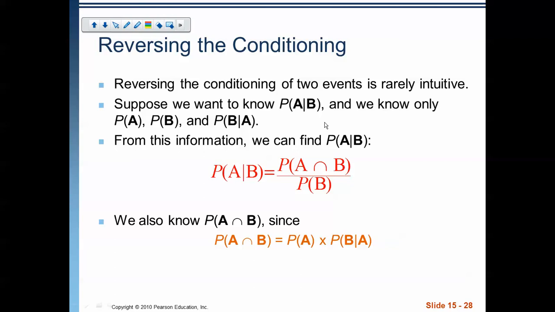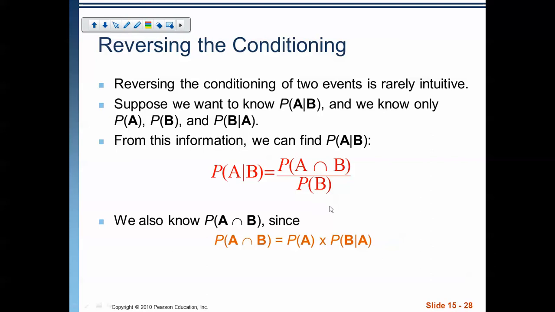we're looking for P of A given B, but we only know these things. But we know from our formulas that P of A given B is the same thing as P of A and B over P of B. So we have some of the information needed, right?